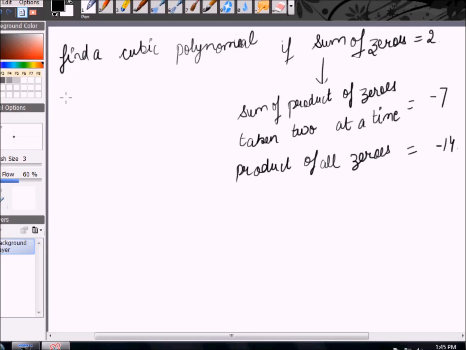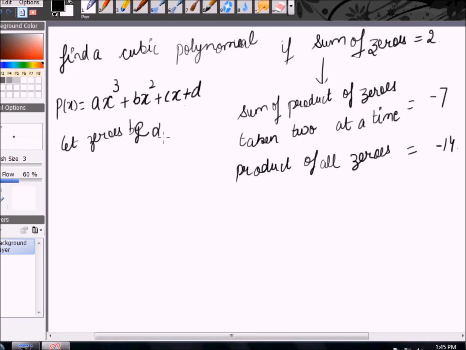Friends, let the cubic polynomial be p of x equal to a x cube plus b x square plus c x plus d, with degree 3 because it's a cubic polynomial. Now let the zeros be alpha, beta, gamma.